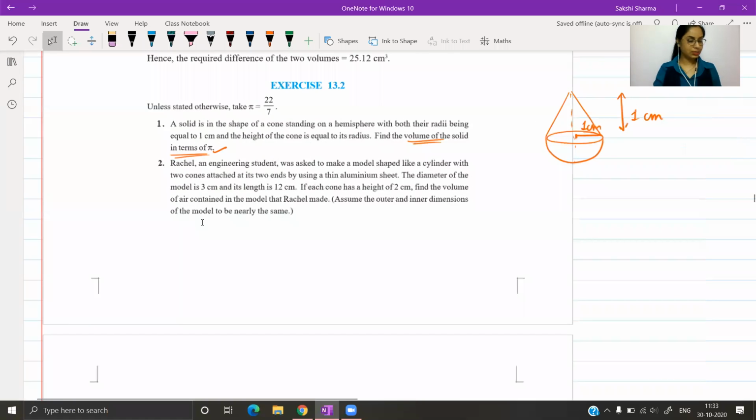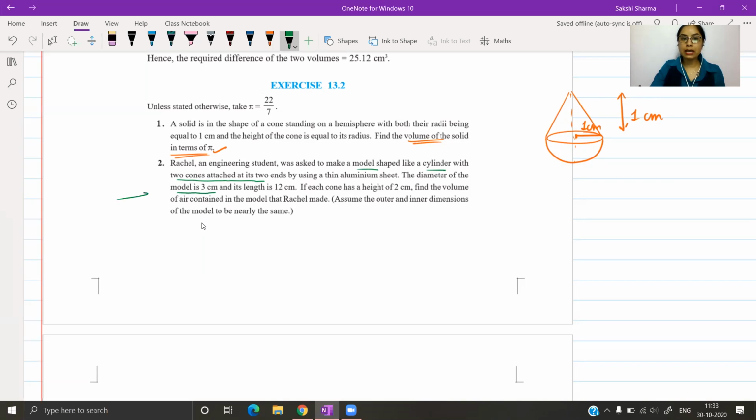Second question. Rachel, an engineering student, was asked to make a model shaped like a cylinder with two cones attached to its ends. They are attached by a thin aluminum sheet. The diameter of the model is 3 centimeters.